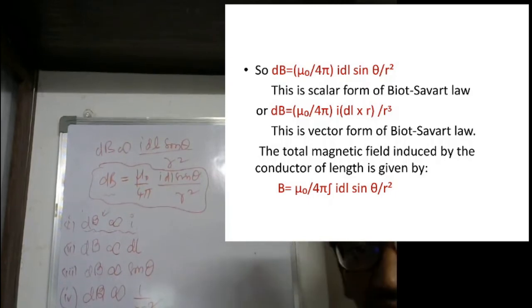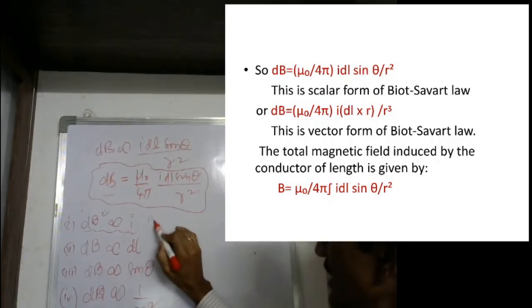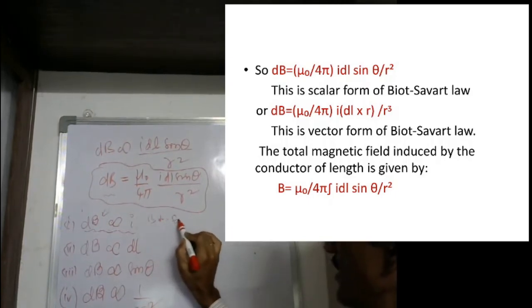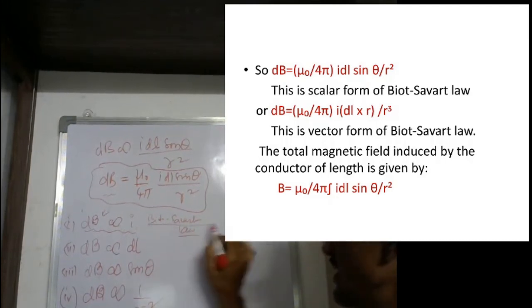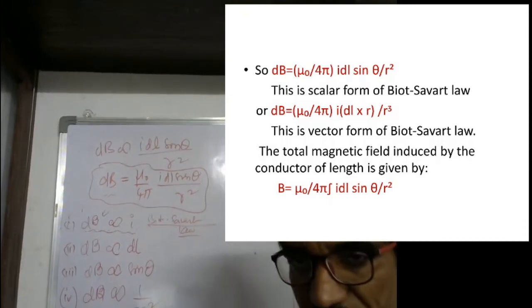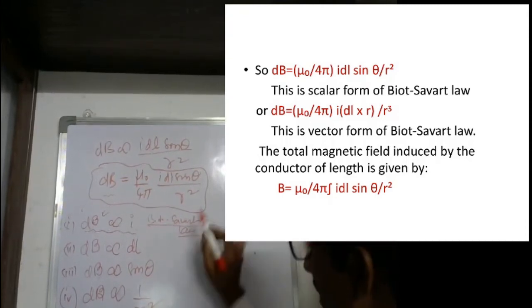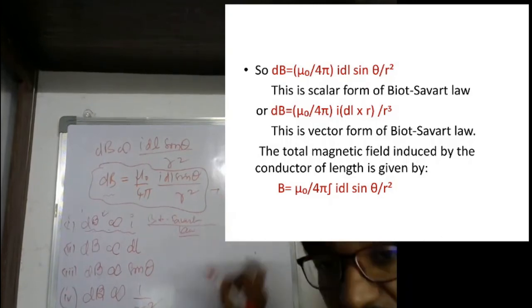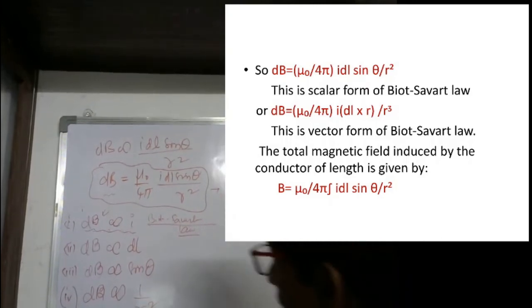This is called the Biot-Savart law of magnetostatics. Okay, you can see this on the slide also. But this is a scalar form. This is the scalar form of Biot-Savart law.